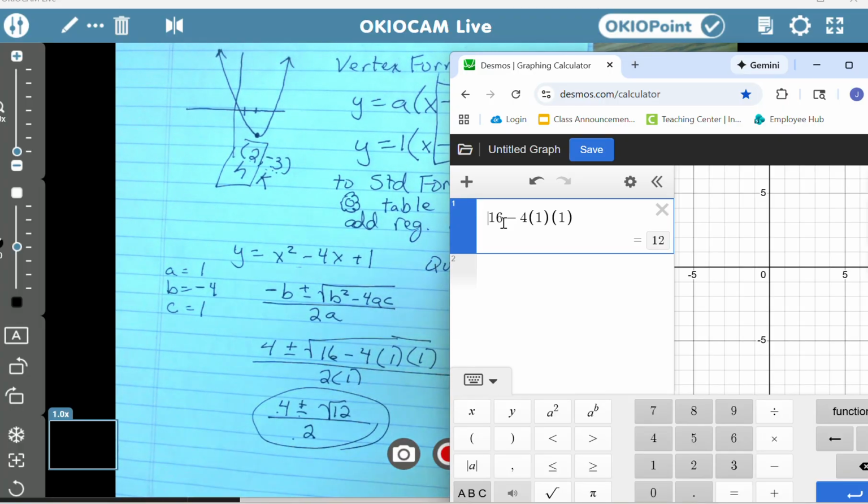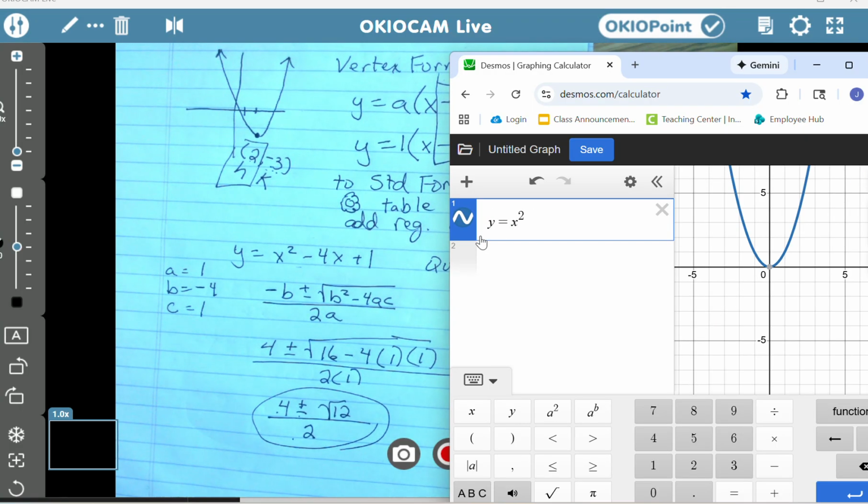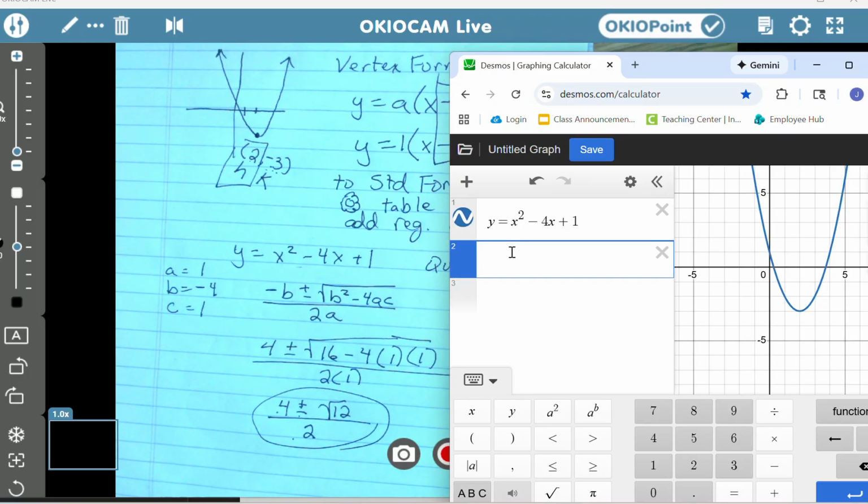We can check it because we've already put it in the calculator. I think we did. So let's do it again. Y equals x squared minus 4x plus 1. Okay, so I think that one of the solutions is 4 plus the square root of 12.